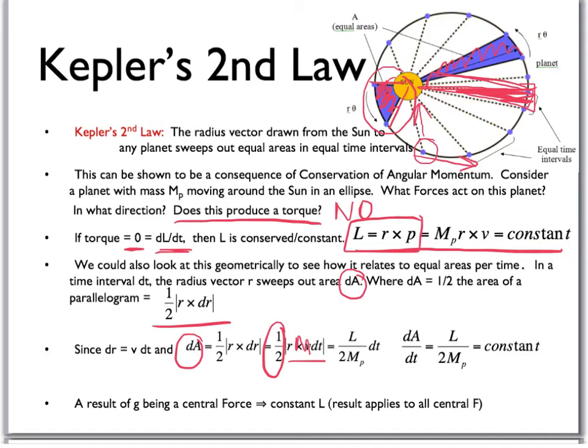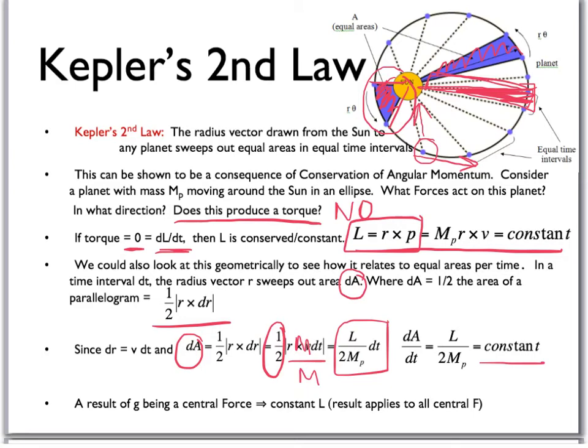So essentially, if we want to multiply by that m up top, we'd have to divide it out on the bottom too, and that's where we get this representation that we see here of that angular momentum over 2 times that mass, dt. And again, what we're recognizing here is that this is just going to be a constant.